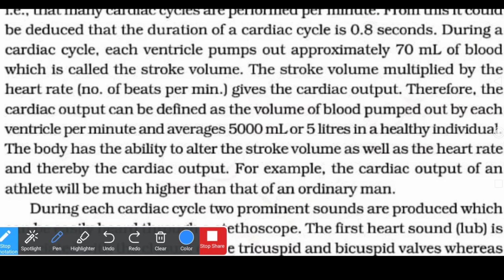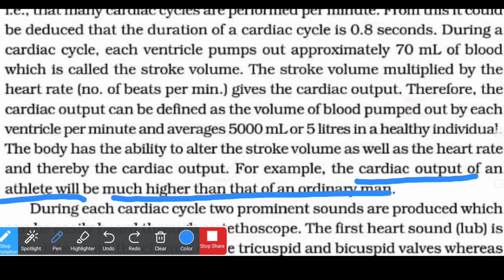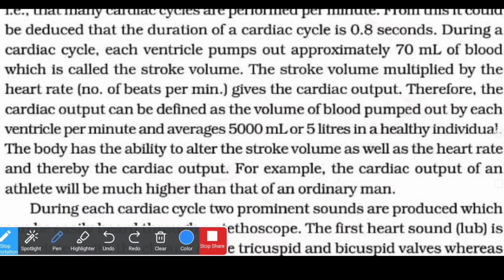Basically, the stroke volume and the heart rate can be altered, and thereby the cardiac output. So the cardiac output of an athlete will be much higher than that of an ordinary person. This is for sure, because whenever the heart works more and more, the heart becomes stronger.